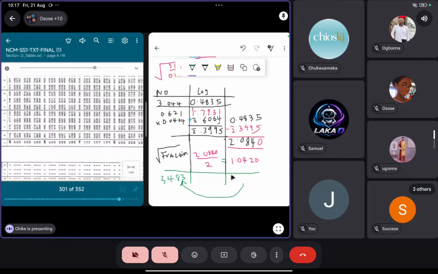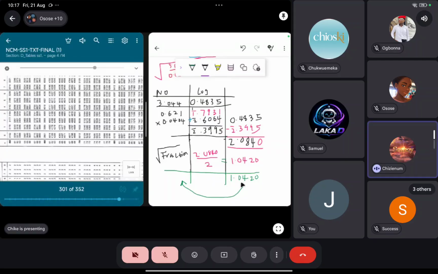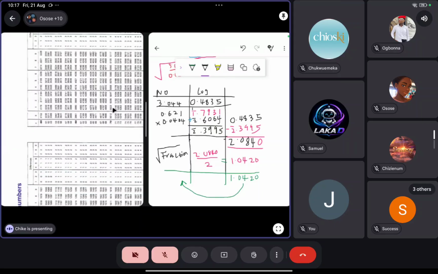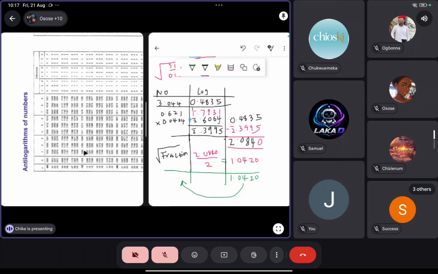So this gives me 1.0420. And when you now convert that, let's see what that's going to be. So we have 1.0420, right? Let's go to our anti-log. 0.04 under 2, difference 0. 0.04 under 2 is 1102.